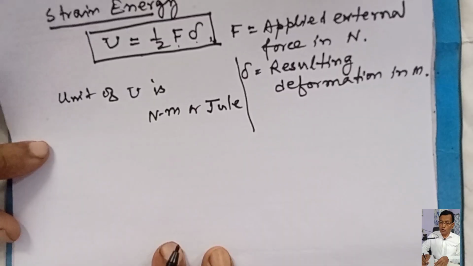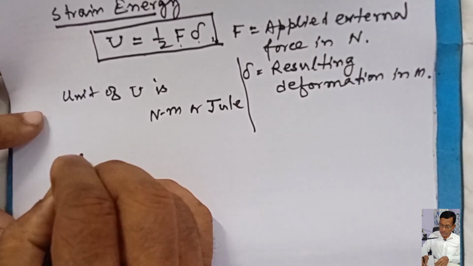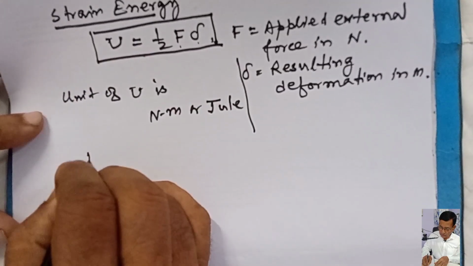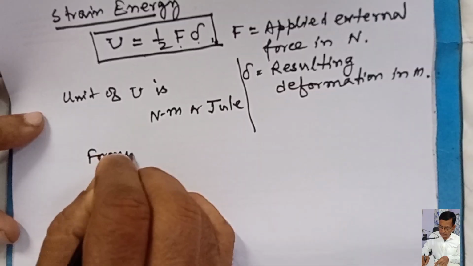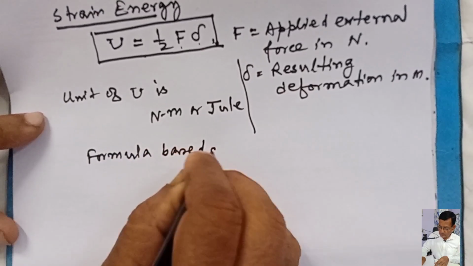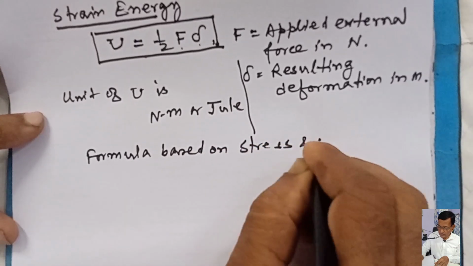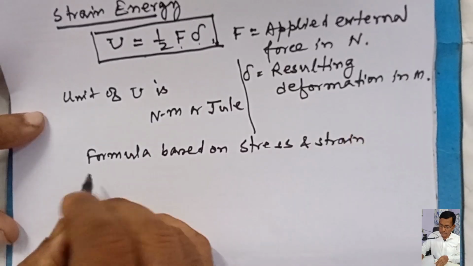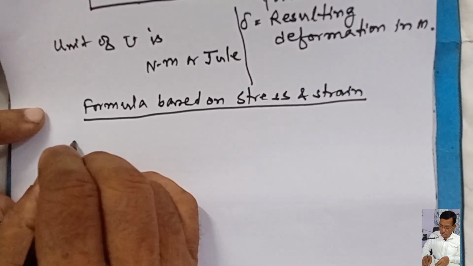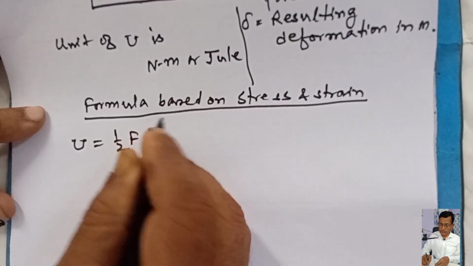Now, formula based on stress strain can be derived from this general formula. U is equal to half F del.